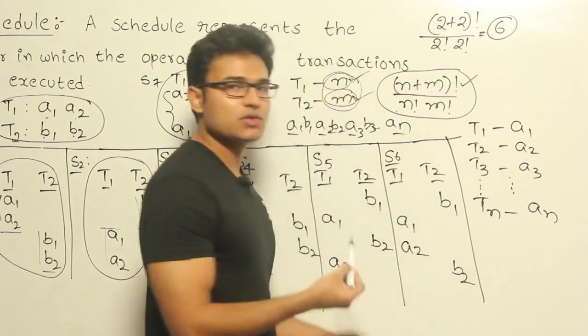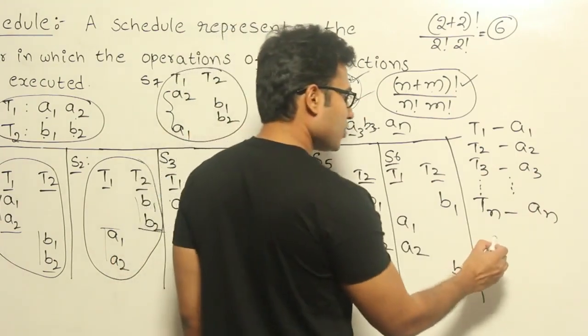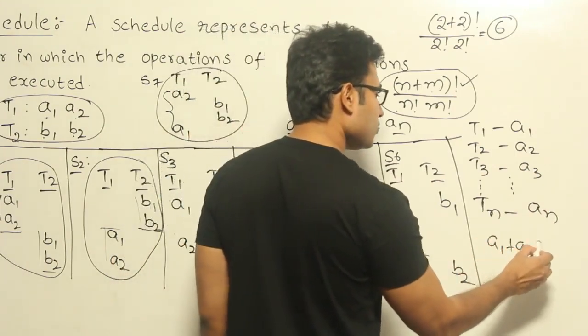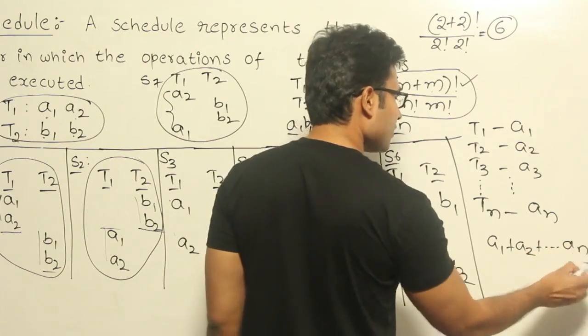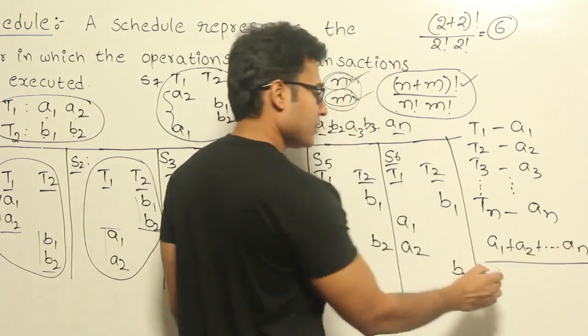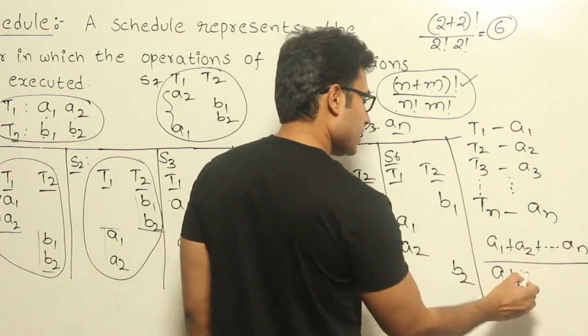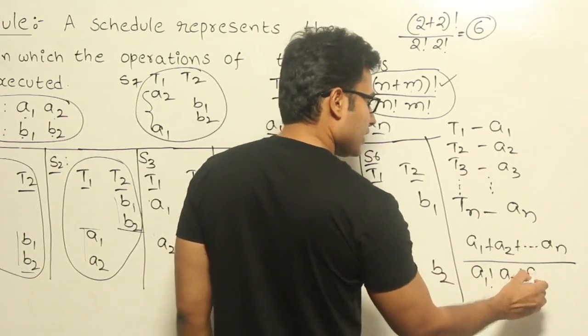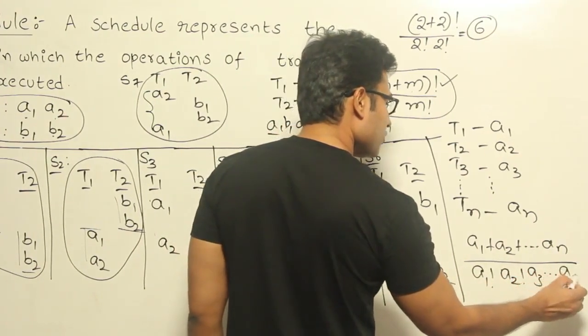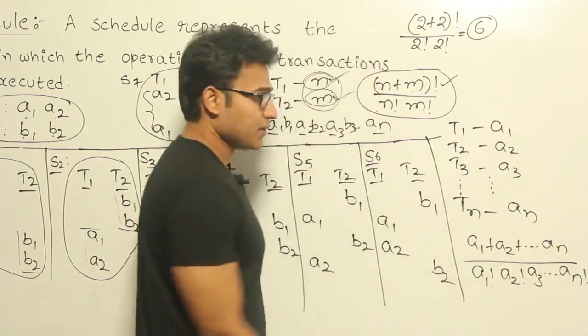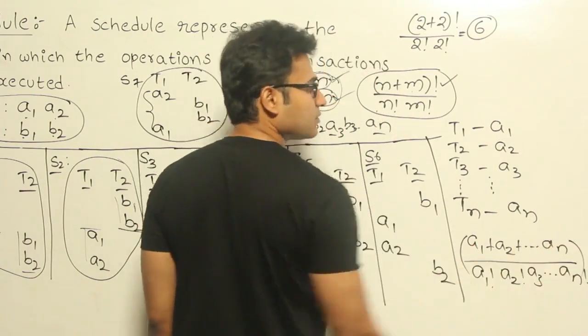Then how many schedules are possible? The number of schedules possible will be A1 plus A2 plus A3 plus so on plus An, the whole factorial, divided by A1 factorial into A2 factorial into A3 factorial into so on into An factorial, right? This is the total number of schedules possible.